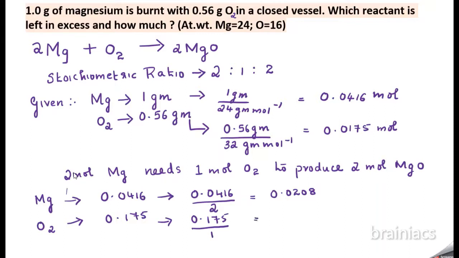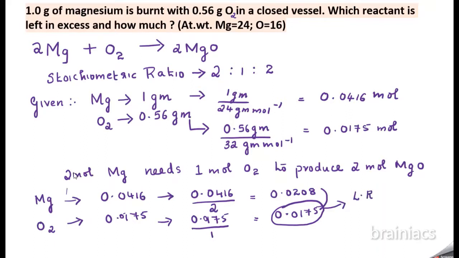So the value is 0.0175. Correct. Now compare these two values. Which one is the lower value? I could understand that 0.0175 is the lower value. In that case, this will be my limiting reagent.